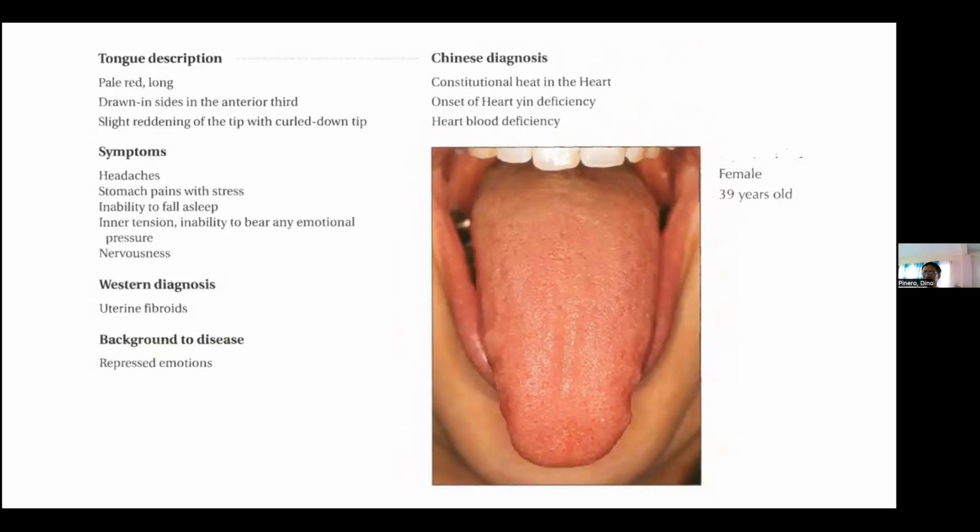Symptoms of the patient are headache, stomach pain with stress, inability to fall asleep, inner tension, inability to bear any emotional pressure, and nervousness. Western diagnosis, uterine fibroids, and background to disease, repressed emotions.